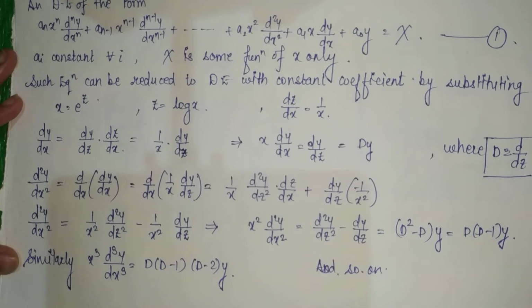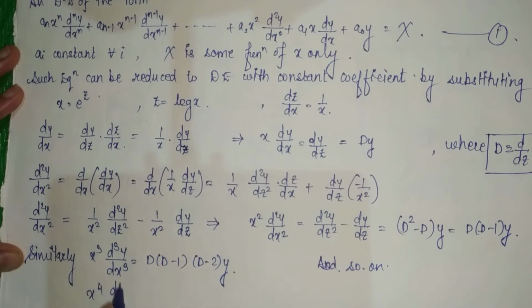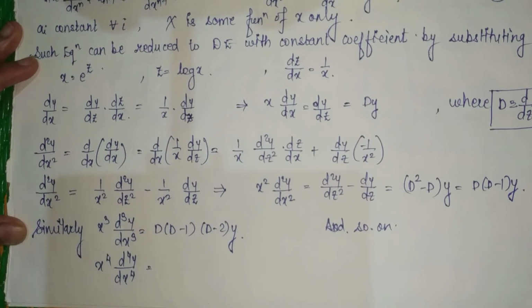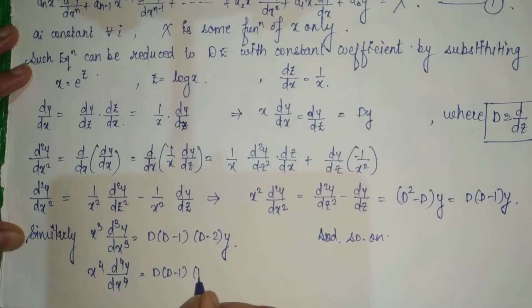And so on. So if we need to find x raised to 4 d raised to 4 by dx raised to 4, then this is equivalent to D into D minus 1, D minus 2, D minus 3 over y.